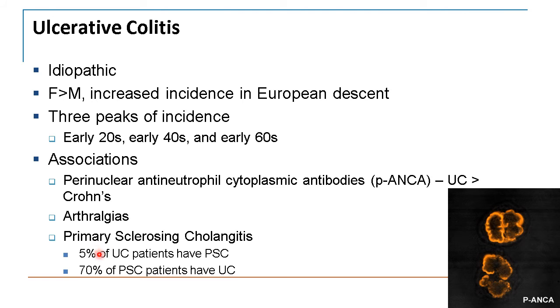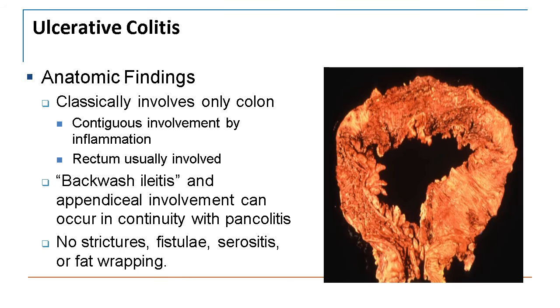Note that 50% of ulcerative colitis patients have primary sclerosing cholangitis, and 70% of primary sclerosing cholangitis patients have ulcerative colitis. There is a strong association between the two conditions.